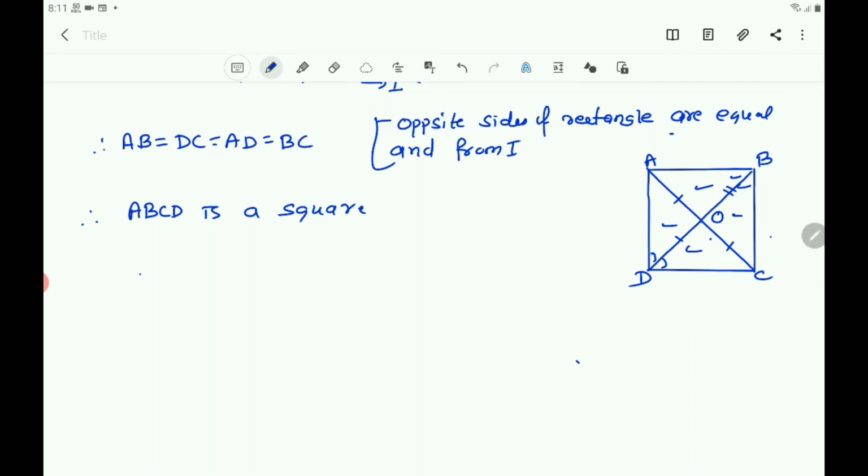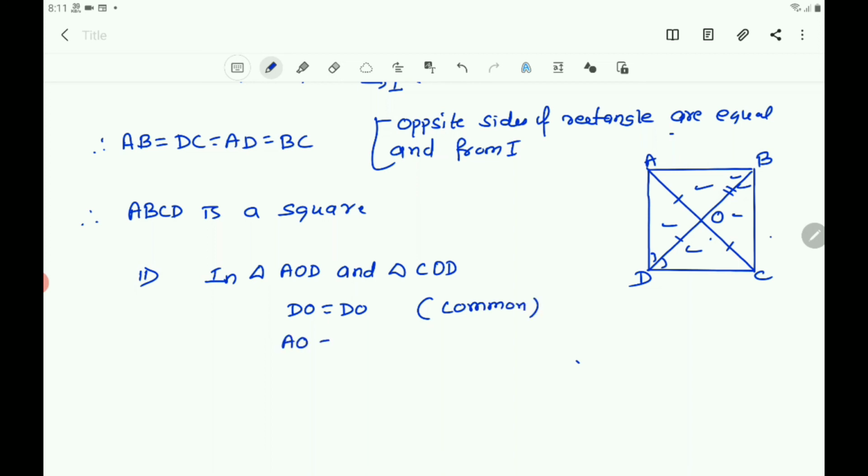So you write, in triangle AOD and triangle COD, DO equals DO, common, and AO equals OC, reason that is given because diagonals bisect each other.